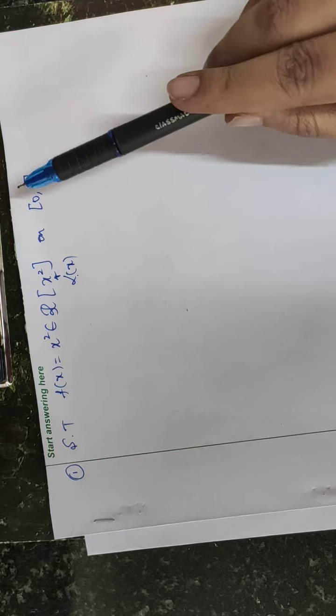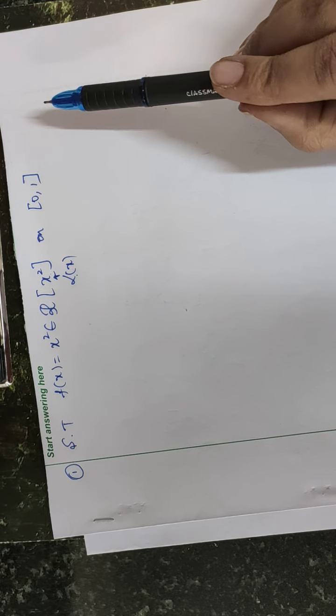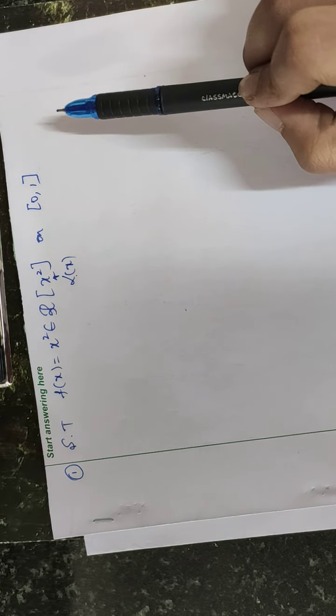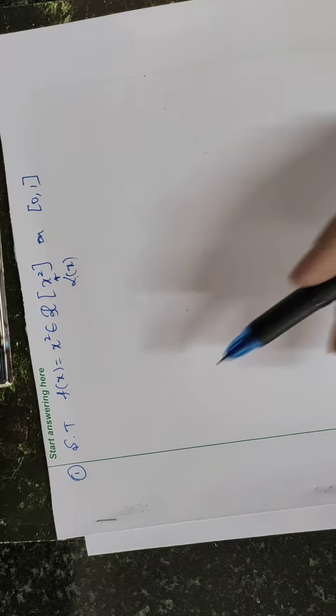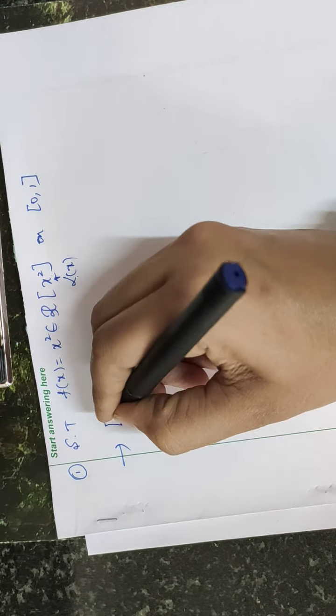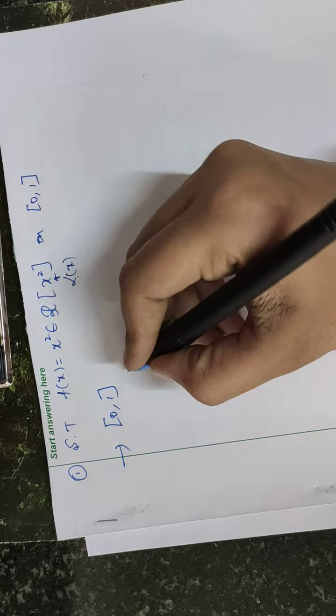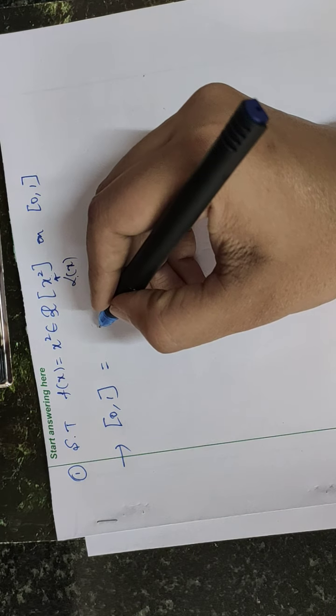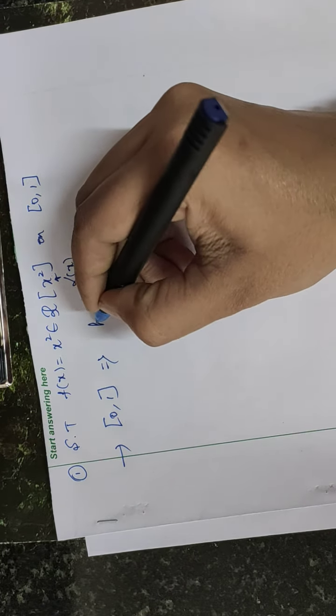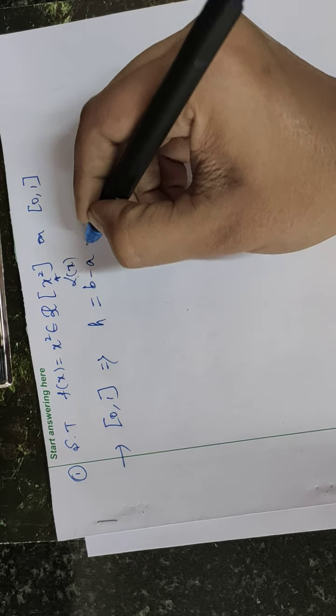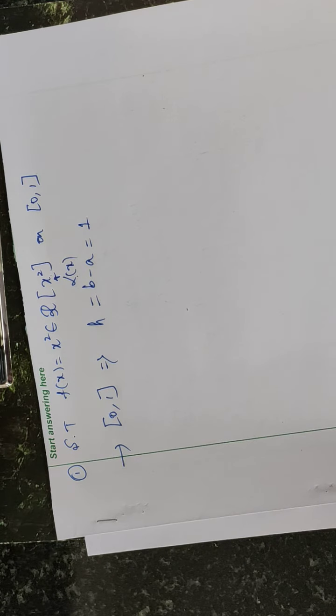That means we should get the lower Riemann-Stieltjes integral and the upper Riemann-Stieltjes integral as equal. Okay, so the first step: we consider our closed interval 0, 1, and you can find the value of h by taking b minus a, so it will be 1.